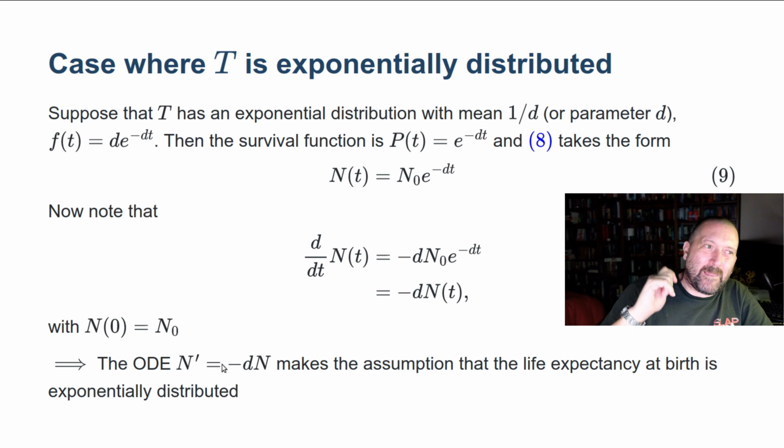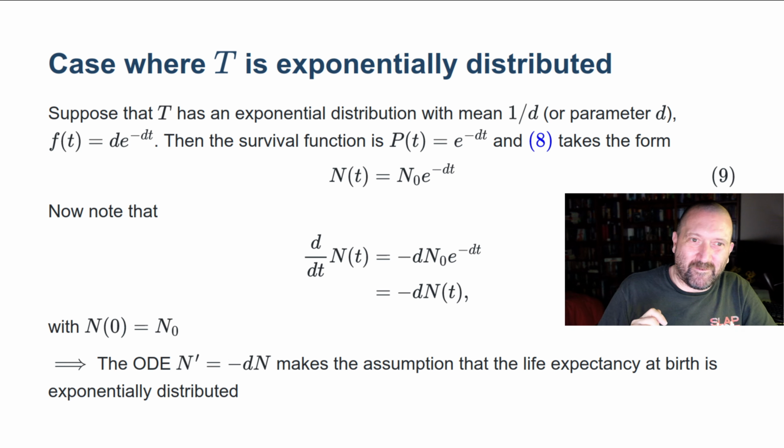And so if you take things the other way around, when we write this ODE, we are making the assumption that individuals in the population have a life expectancy at birth that is exponentially distributed with parameter d. So that's quite important.